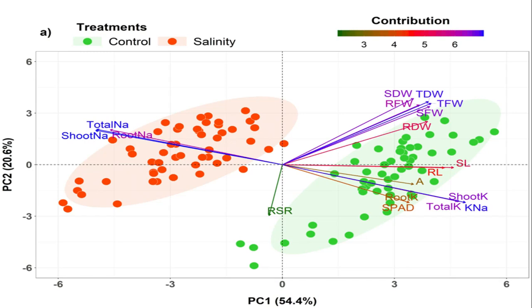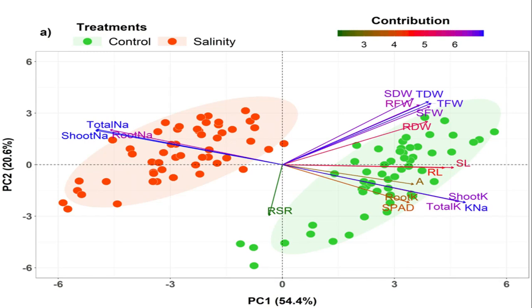Treatments, control, salinity, contribution, 2, 3, 4, 5, 6. Okay, you have PC2 at 20.6%. Total, shoot, root, on the circled green shapes, which is salinity. RSR has an intersection.